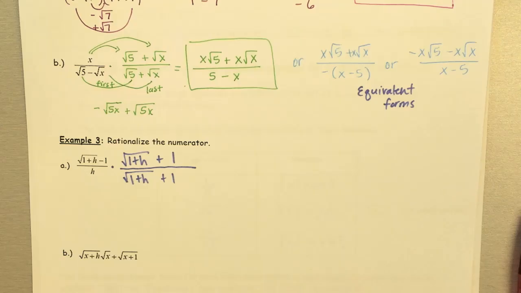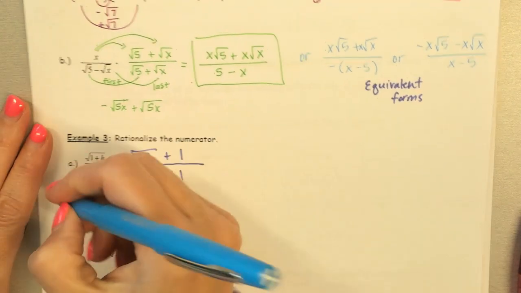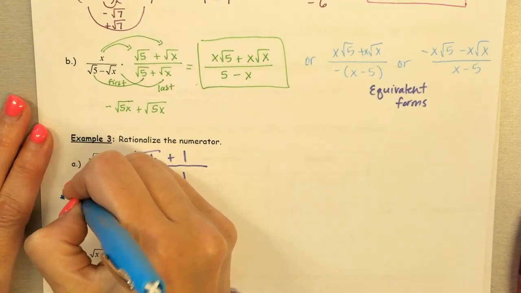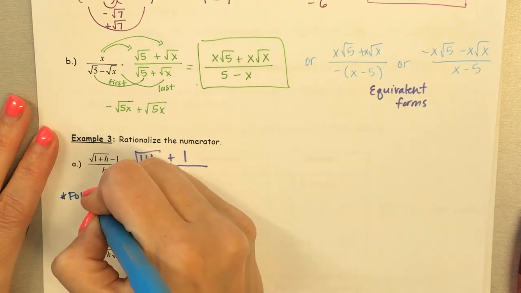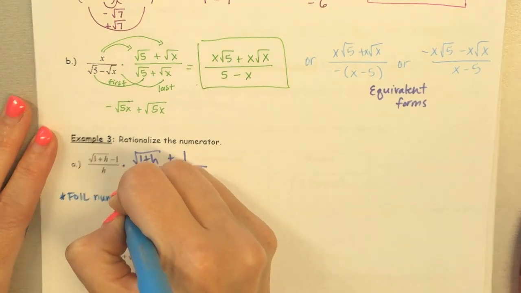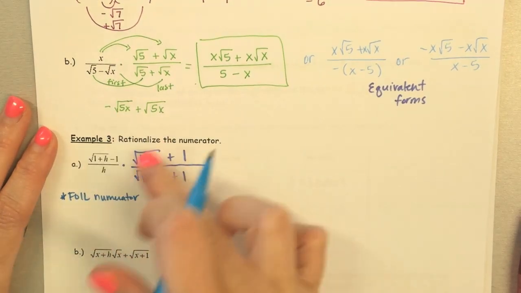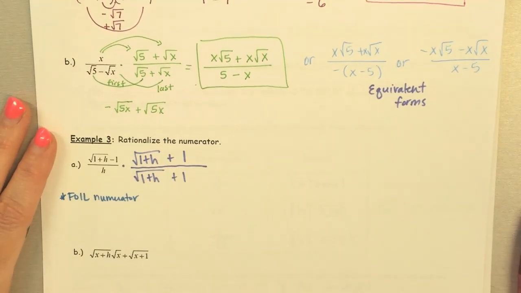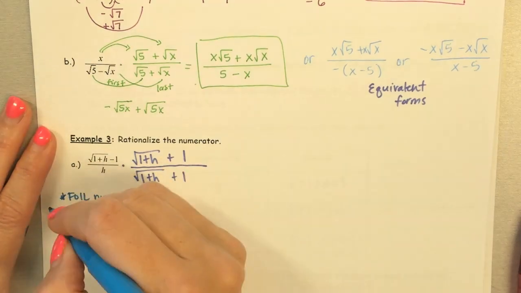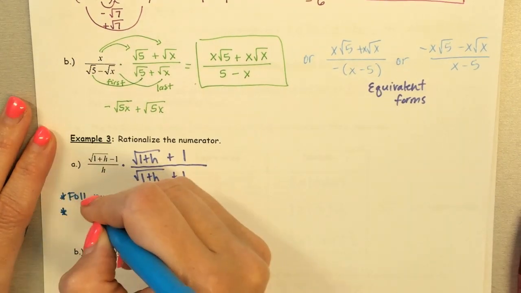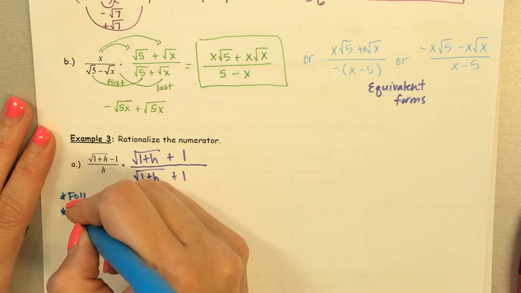So when you are doing this, you are going to FOIL or multiply the numerator. FOIL is just the same thing as multiplying. So you're going to FOIL the binomials there, but you are not going to distribute in the denominator.